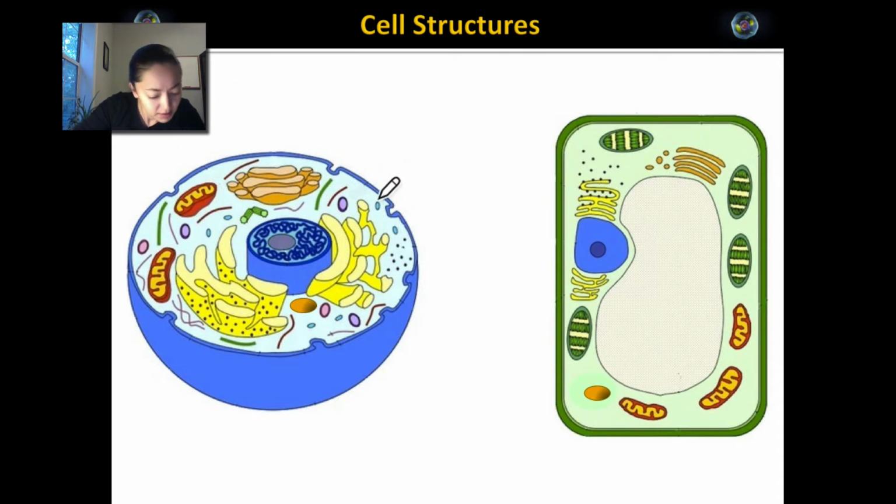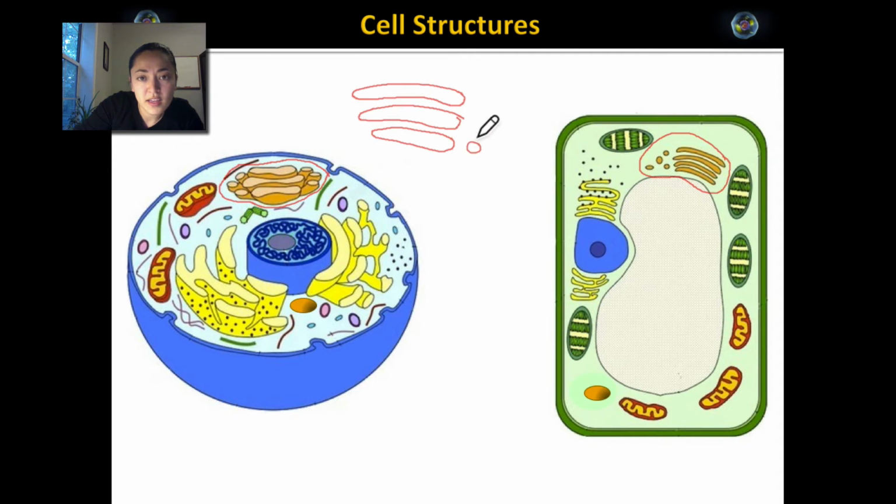All right, so the next one is the Golgi bodies. The Golgi bodies are located right here, as you can see there, also located here. The Golgi bodies are easy to identify because they look like little sacs like this, layered on top of each other, and then there are little vesicles usually coming out of the sides here.